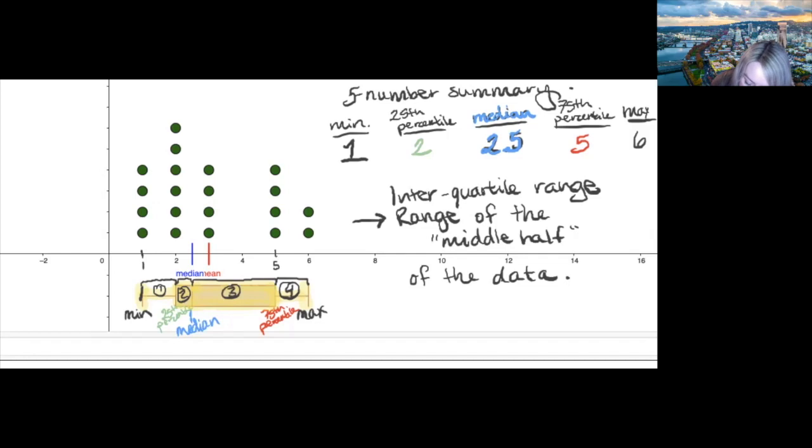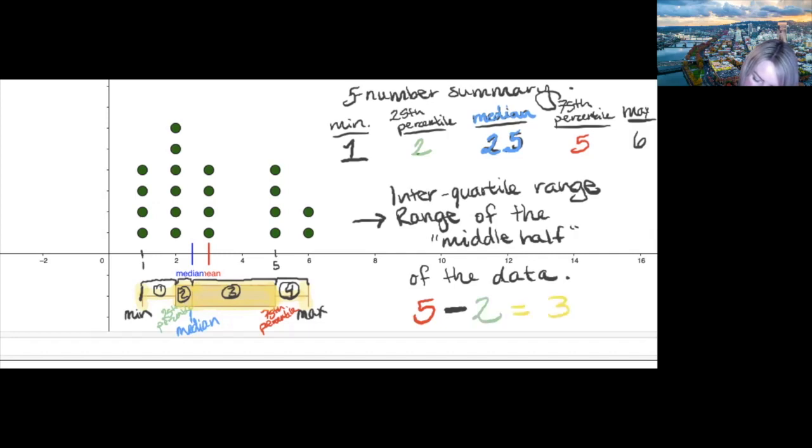Okay, so let's see. In this case, my 75th percentile is 5, and I want to subtract from that the value of 2, because that's my 25th percentile. And so I'm going to get an interquartile range of 3.